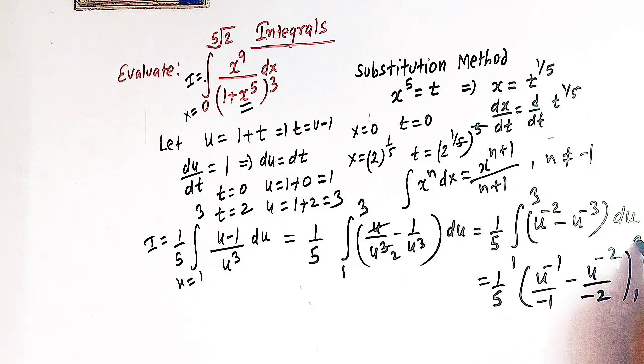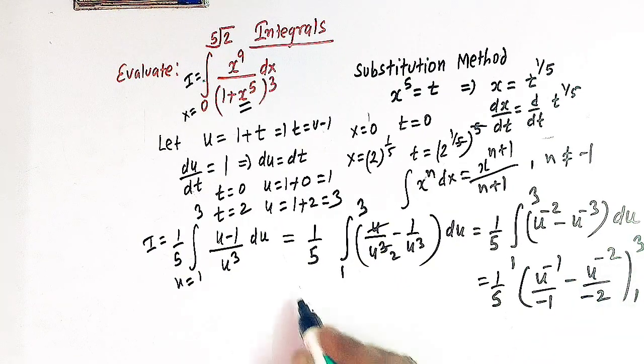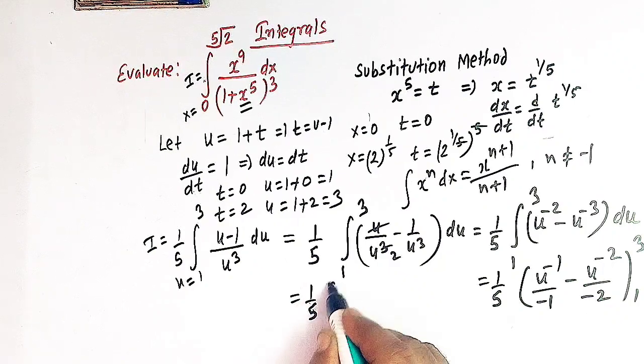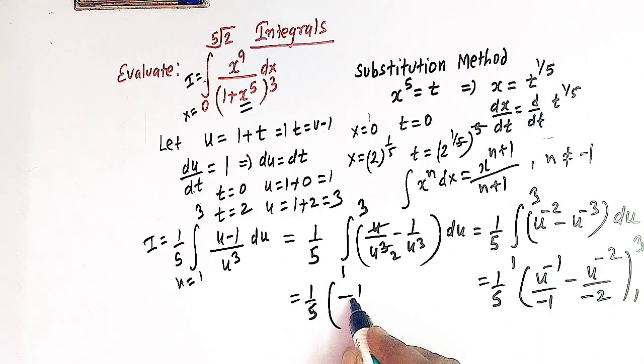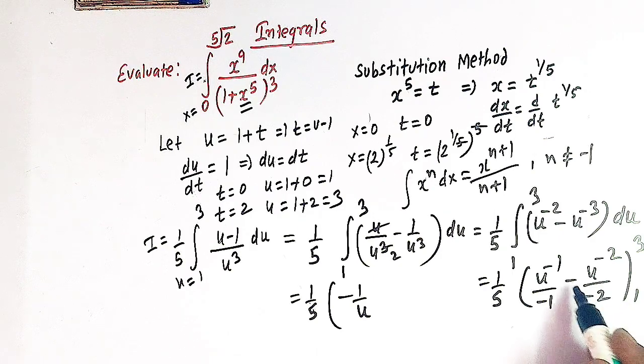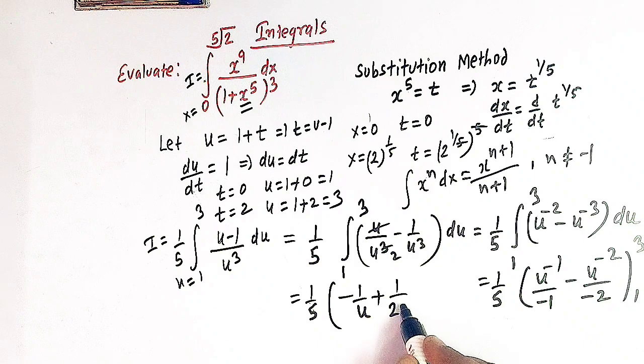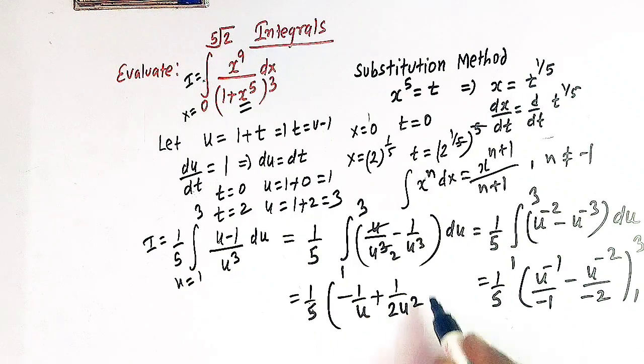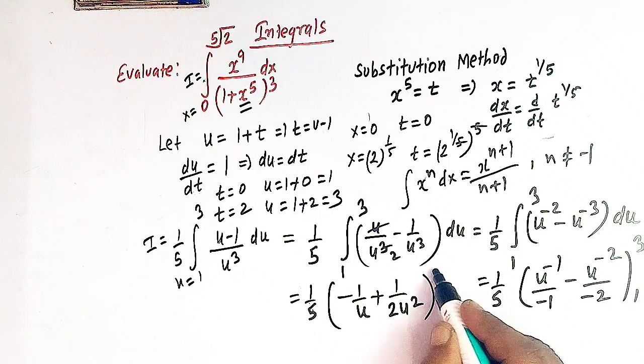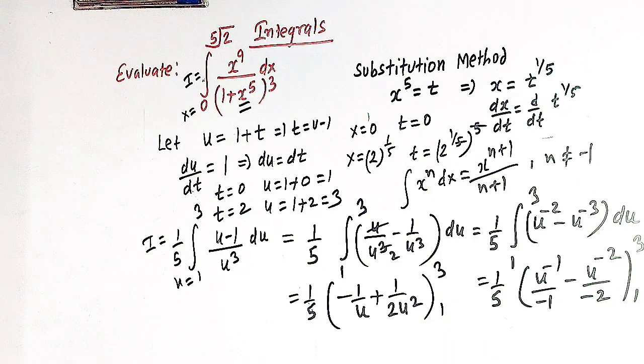And limits are from 1 to 3. So now we can simplify it, and here we have minus 1 over u, and here minus minus becomes plus, and here we have 1 over 2u squared, right? And limits of integration are from 1 to 3.